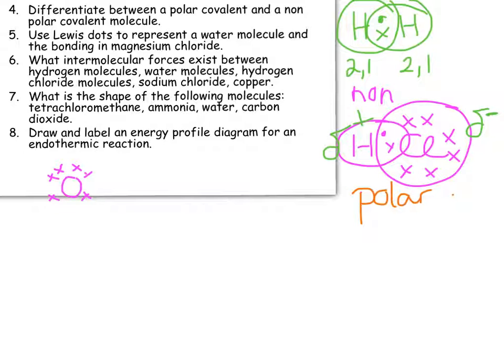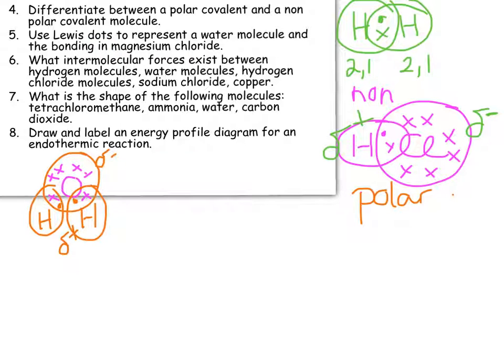And hydrogen has got 1 valence electron, it's in group 1. And I land up with a sharing situation that looks like that. I get a polar covalent molecule with the oxygen side being slightly negative and the hydrogen side being slightly positive. I don't have to do that when all they've asked me to do is a Lewis dot diagram.